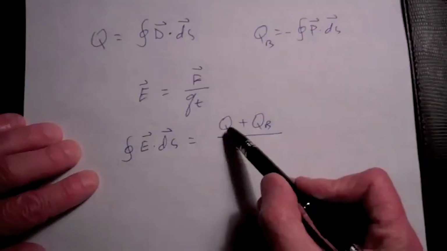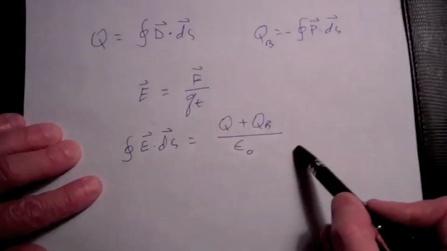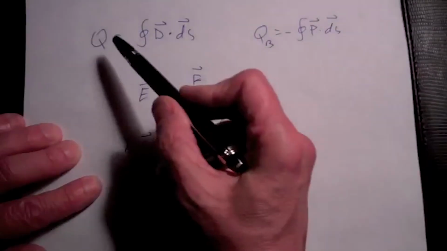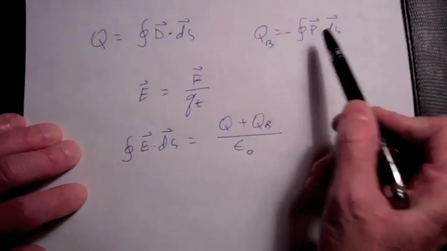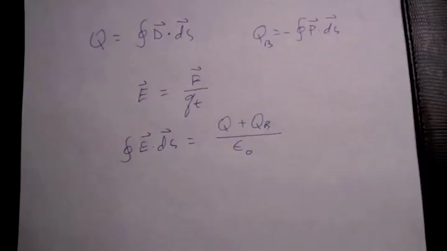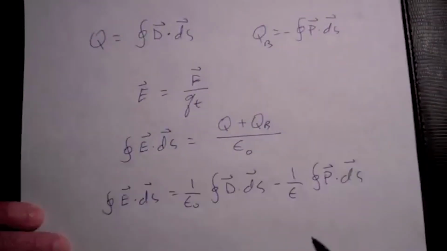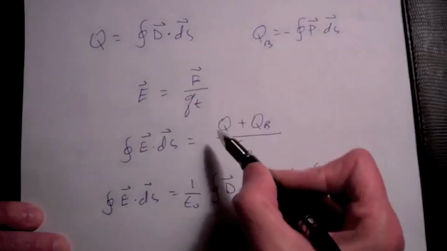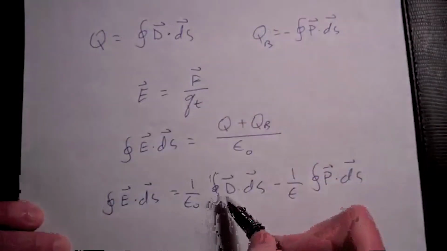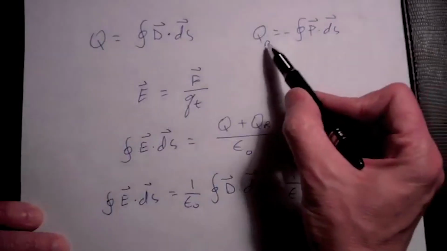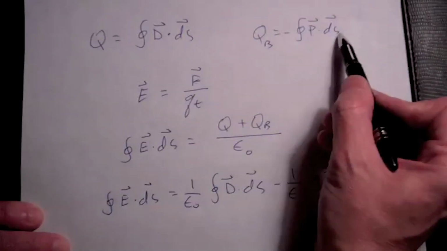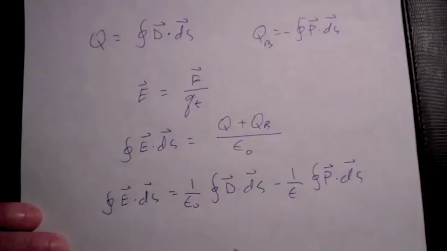So now let me substitute into this expression for the electric field our Gauss's law and the result we just obtained for the bound charge. I've substituted Gauss's law for Q, the free charge enclosed, and this expression we just came up with for the bound charge enclosed.